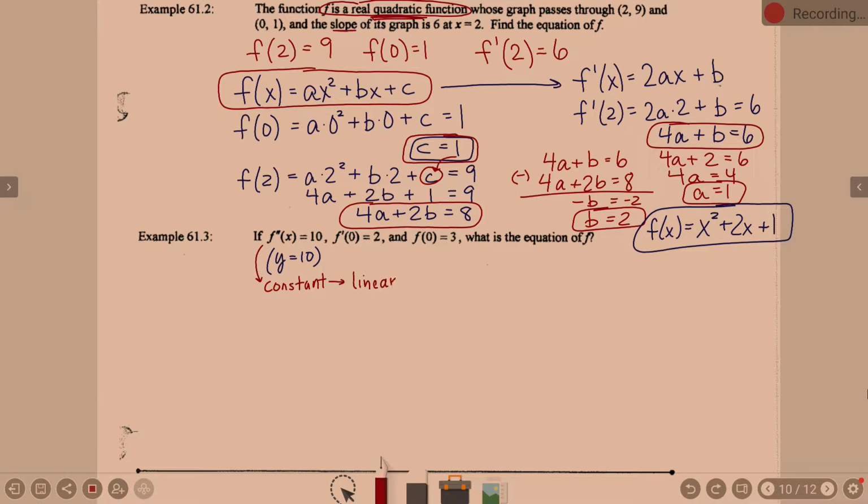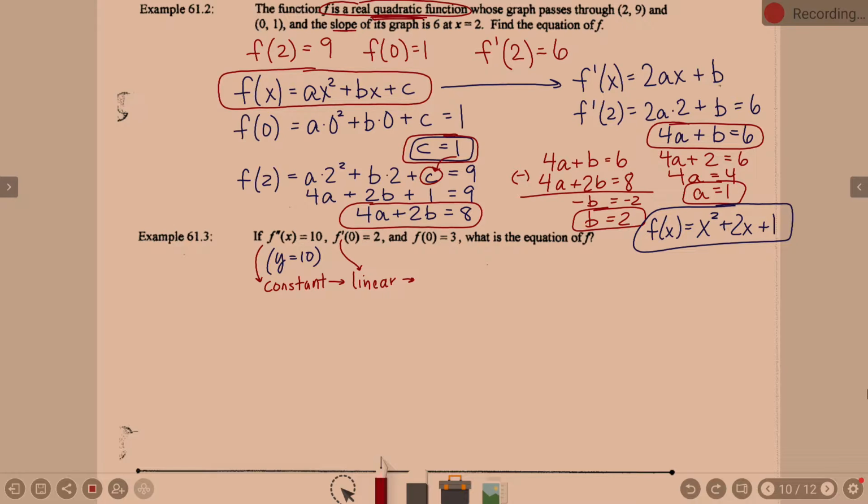So the first derivative is going to be a linear equation, because they gave me the second derivative as a constant. Up a power from a constant is x to the first, so my first derivative is linear.